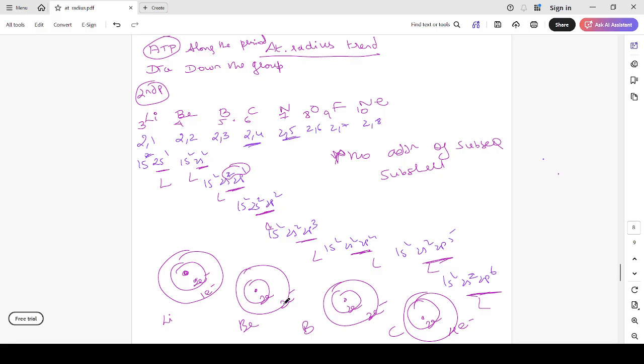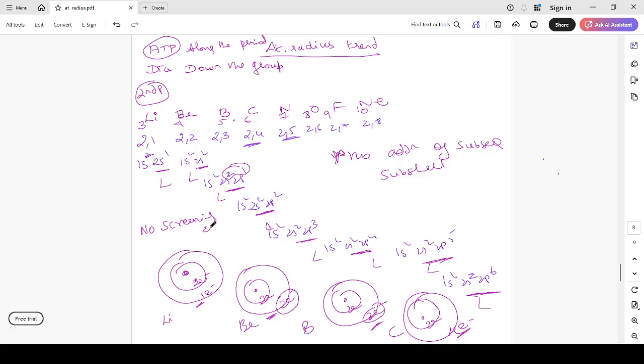Also, I can see the number of electrons is continuously increasing in the same shell itself. Am I right? Yes, ma'am. Correct or not? Did you understand? Yes, ma'am. So because of this, what happens is that there is no screening effect.